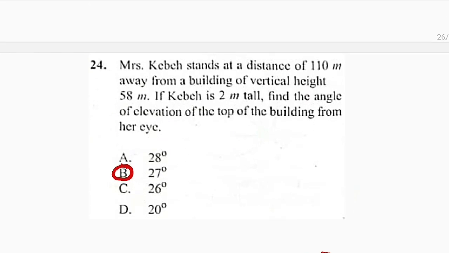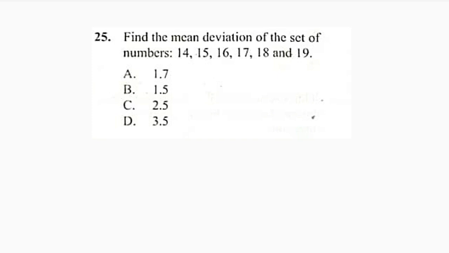Now let us move on to question number 25. All right, here is our question number 25. We're asked to find the mean deviation of the set of numbers 14, 15, 16, 17, 18, and 19. To find this, first of all, let us find the mean, denoted by x bar, which is equal to summation of xi's divided by n.